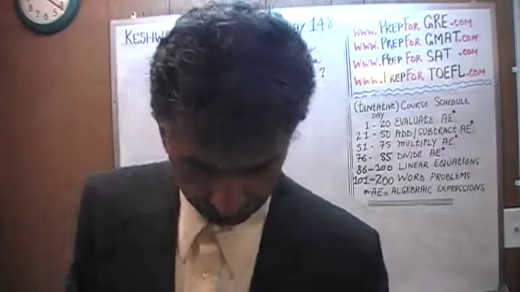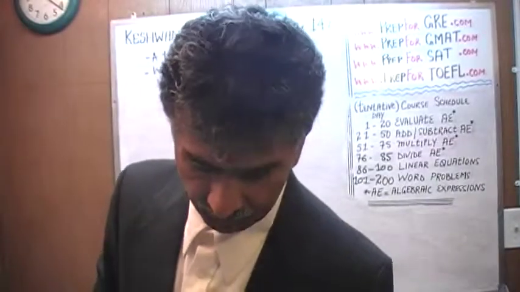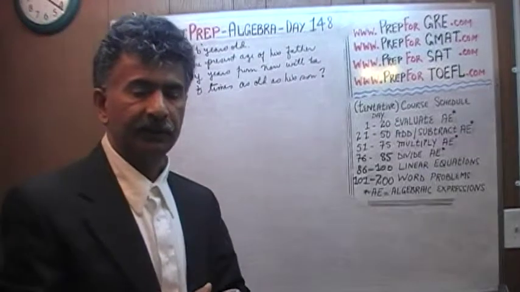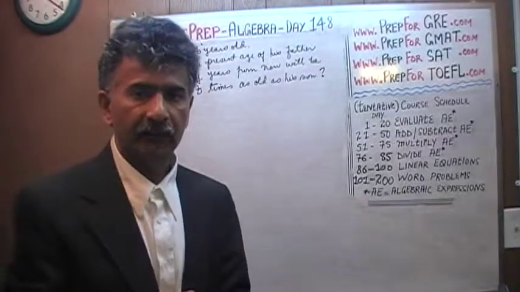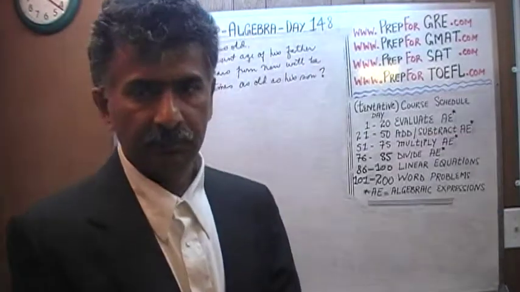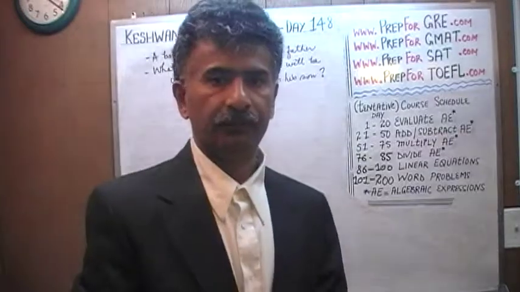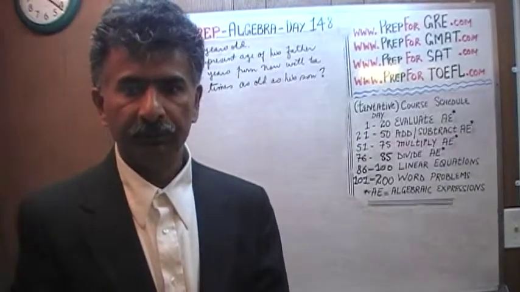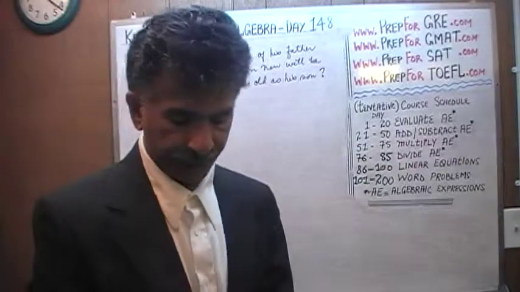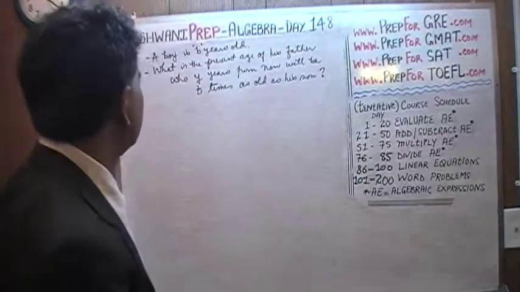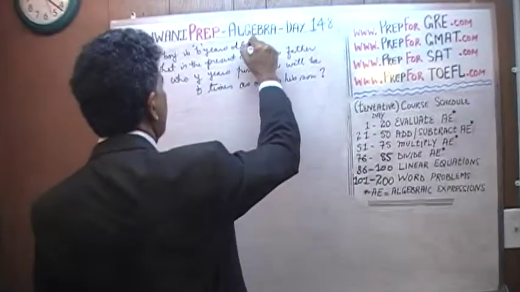How old is his father now if it turns out that he is going to be T times as old as his son Y years from now? And we are told that the son is B years old today.